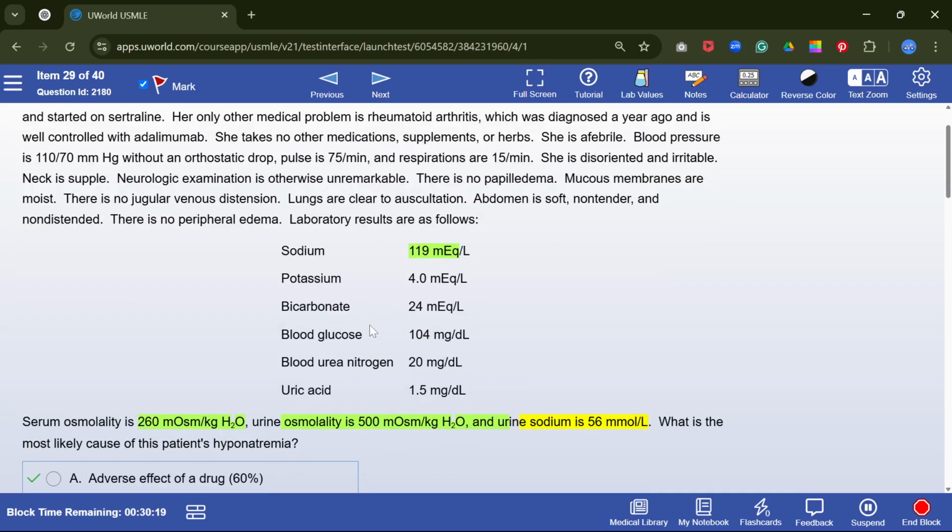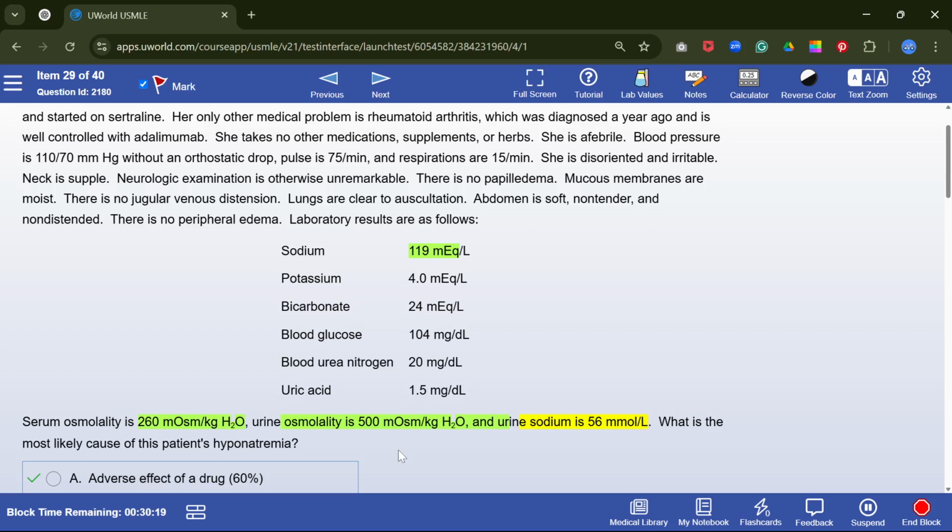Serum osmolarity is less than 290 milliosmol per kg, and urine osmolarity is higher, more than 500.